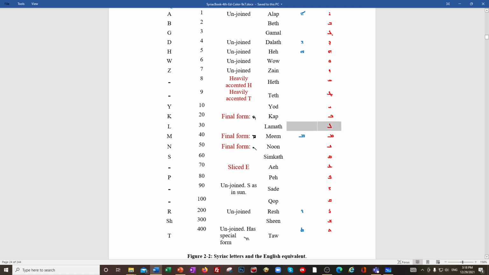Lamath, 30, L in English. Meme, this is the Esṭrangelā, meme, it has a final form. This is the final form. Numeric value 40, M in English.